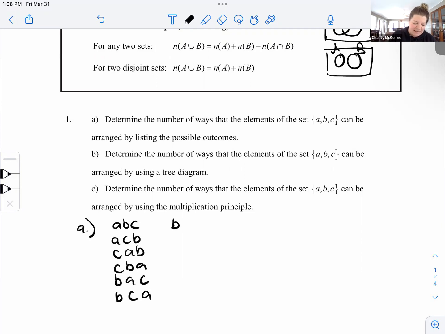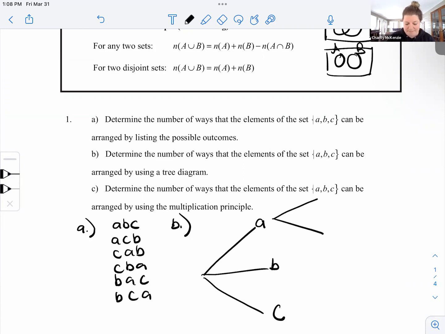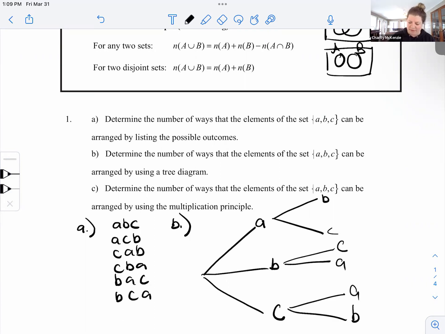Part B says, use a tree diagram. So we could pick A, we could pick B, we could pick C. If we picked A, we can't do A twice, so we could go B or C. If we picked B, then we could go C or A. If we picked C, we could go A or B. I don't really love the tree diagram for this one.